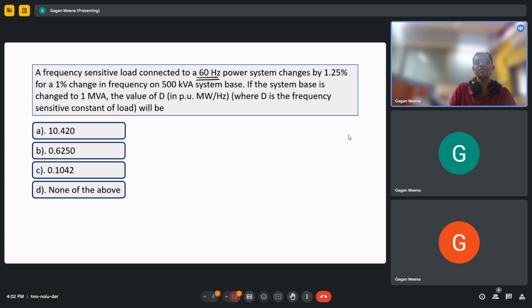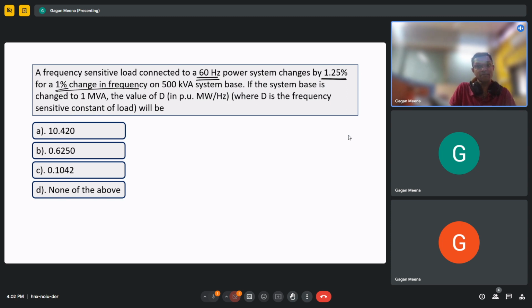Then the next value is that the load connected to the 60 Hz system changes by 1.25%. So the load sensitivity factor is what we are going to find here. It's giving information about D. So the load changes by 1.25% for a 1% change in frequency.